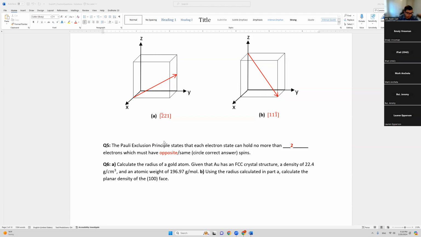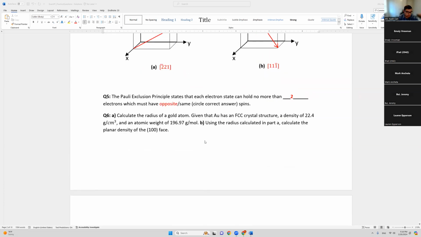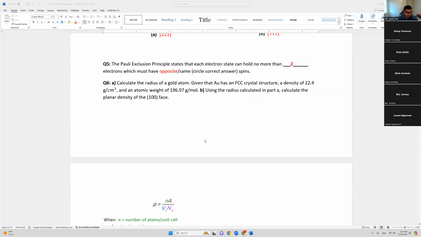Okay, question number 5. The Pauli exclusion principle states that each electron state can hold no more than 2 electrons, which must have opposite spins. So this is just a definition question. Sixth question is, calculate the radius of a gold atom.